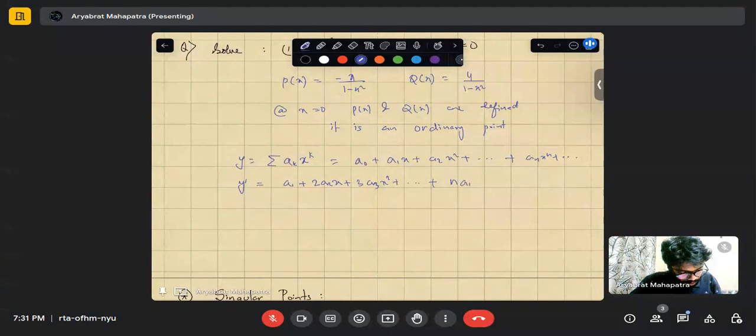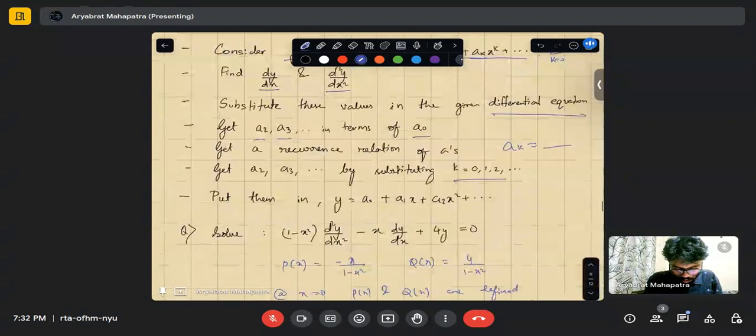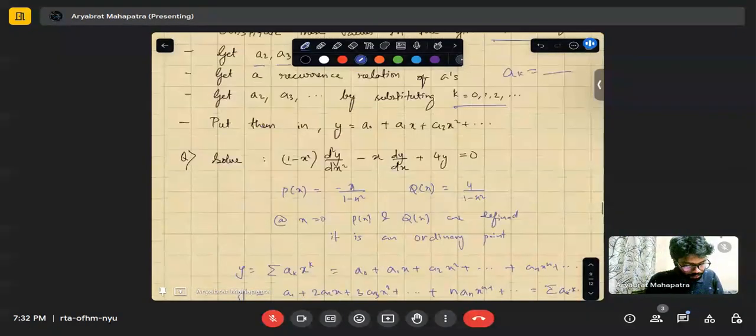This will be n an x to the n minus 1. So I can write this as summation ak k x to the k minus 1. In the same way you take another derivative, and you can write summation ak times k times k minus 1 x to the k minus 2. And then the next step, your third step, is to substitute them in your differential equation.